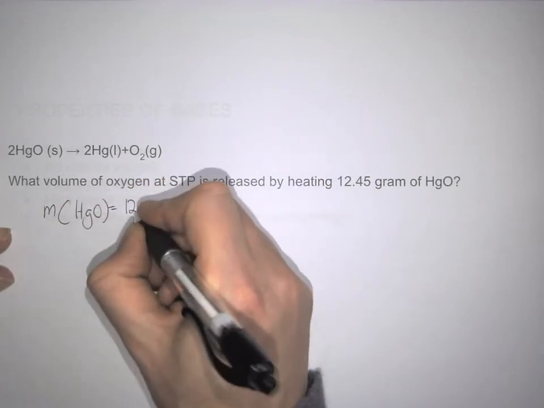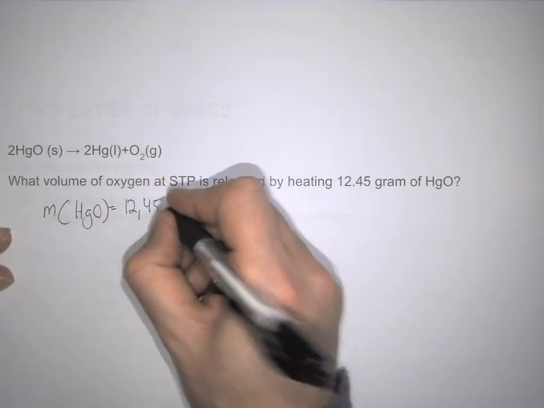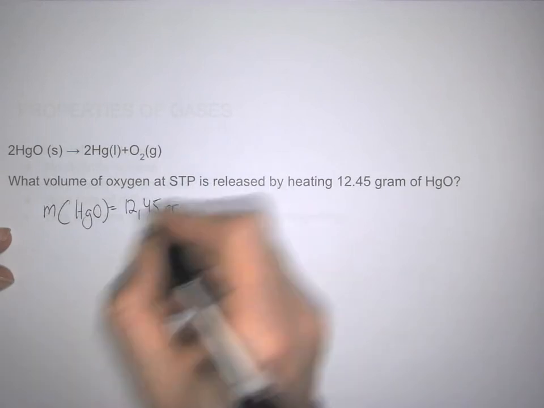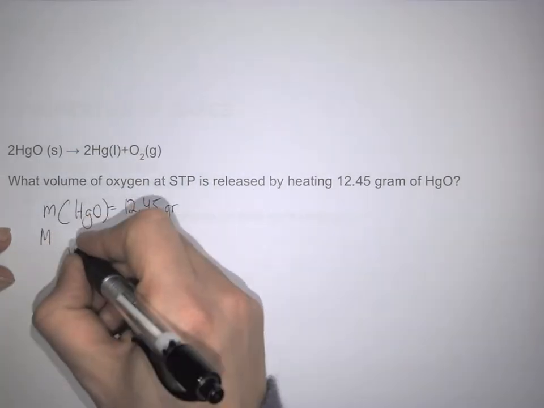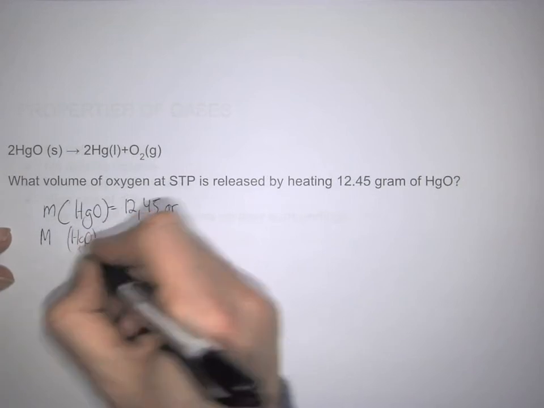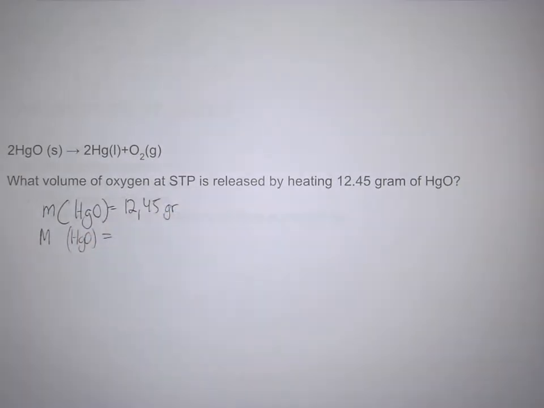That is 12.45, it says here in the task. The molar mass, we can find easily in the periodic table. So you go to section number 6 in your chemistry data booklet and find both mercury and oxygen and add them together.